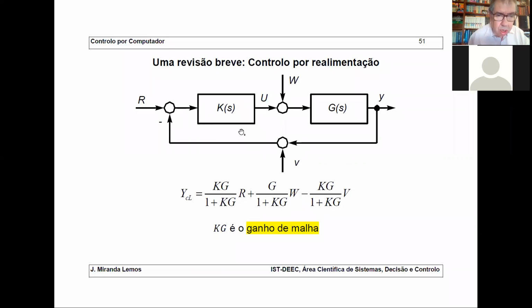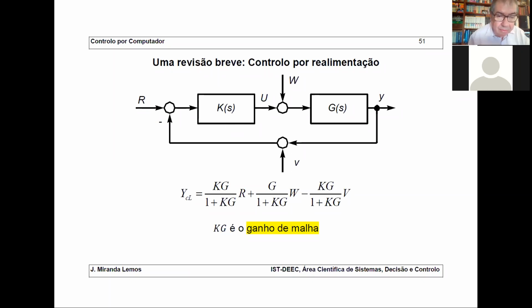And you have your controller, and in general, the controller does not need to be just a proportional controller, it can have a transfer function, it can be a dynamic system. And so I call the transfer function of the controller K(s).